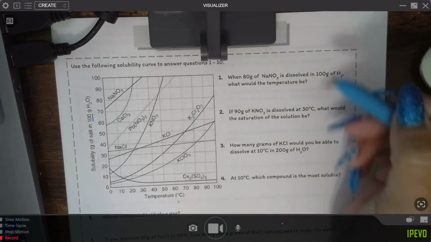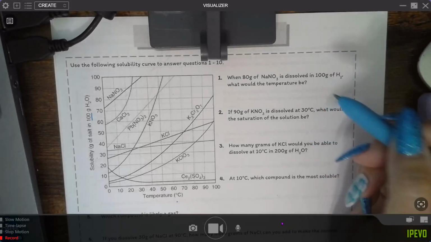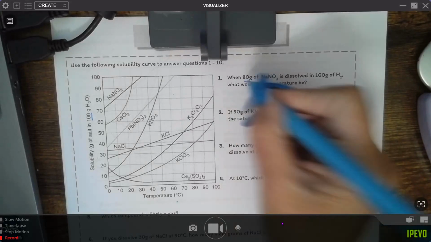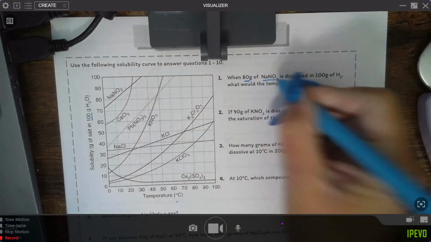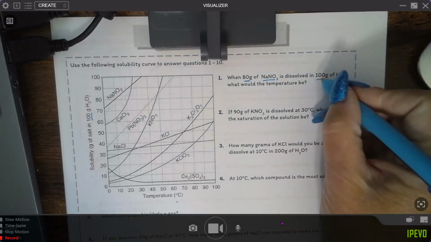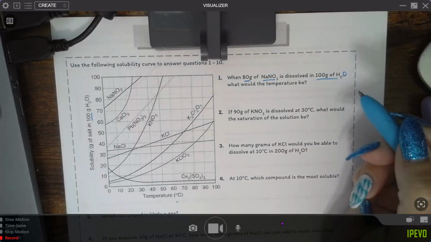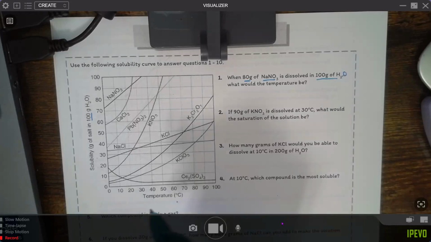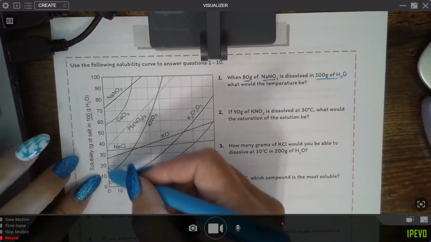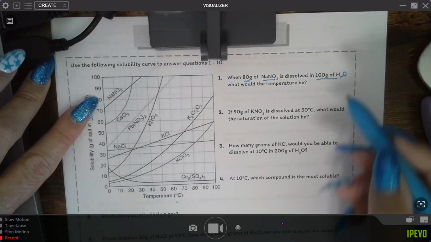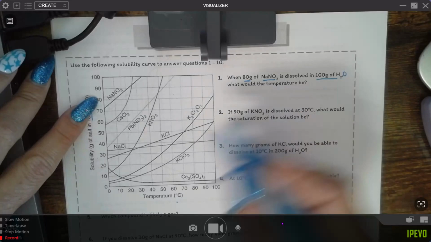Okay. So basically, number one says, when 80 grams of sodium nitrate is dissolved in 100 grams of H2O, what would the temperature be? So we're going to find 80 grams on our solubility curve, and we're looking for NaNO3, which is right here.